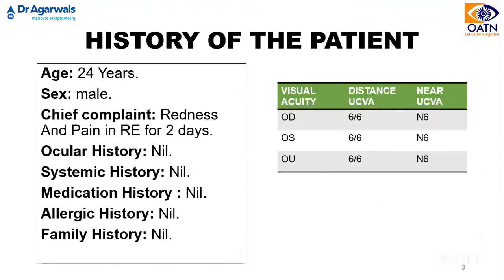My case report is about a 24-year-old male who presented with the chief complaint of redness and pain in the right eye for the past 2 days. No ocular history, systemic history, medication history, allergic history, and family history. The patient's distance uncorrected visual acuity was 6/6 in both eyes and near uncorrected visual acuity was 6/6 in both eyes.